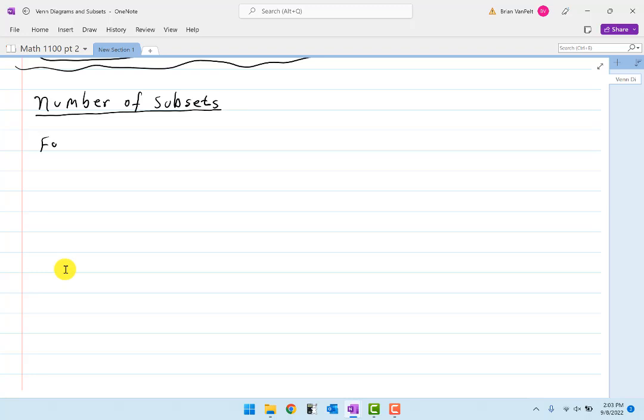For set A, we already know that the empty set is a subset of A, and A is a subset of A. So in most every case, when you start counting up the number of subsets, you're automatically going to already have at least two. But we're going to do an example to show how to get the rest of them.